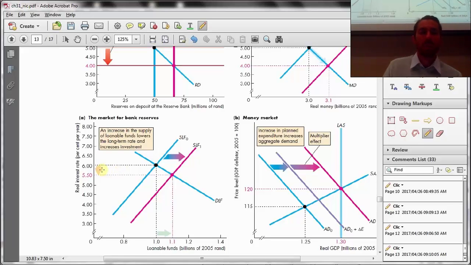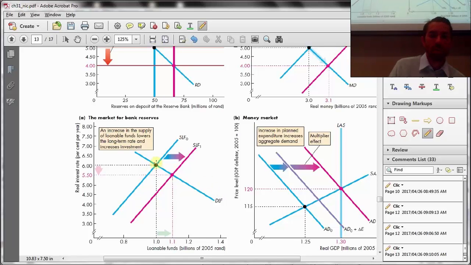That decrease in interest rates in general leads to an increase in aggregate demand. Why? Because any kind of interest sensitive spending increases. For example, investment. With the lower interest rate, we have a movement down the demand for loanable funds. And who demands loanable funds? People that want to invest.